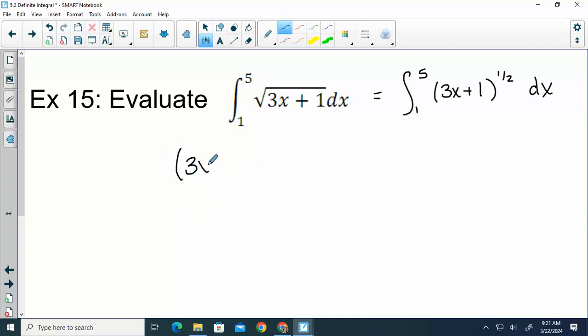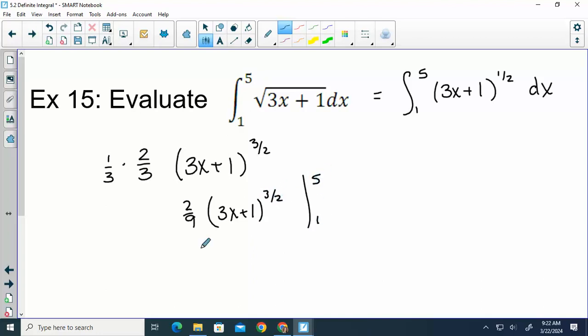So if you add 1 to the power, that would be 3/2. So that means you need a 2/3 in front. But we have to think we would do the chain rule here. So times the derivative of the inside is 3. So to cancel that, we need another 1/3. So your antiderivative is 2/9 times 3x plus 1 to the 3/2.